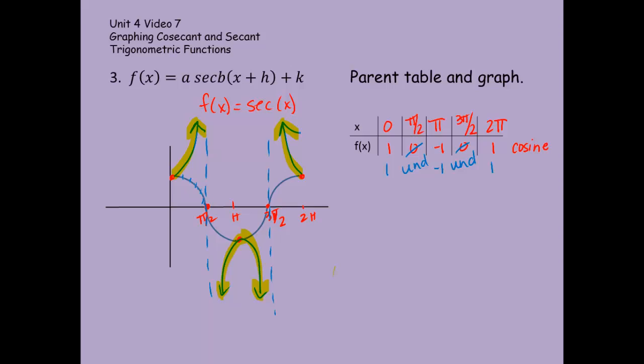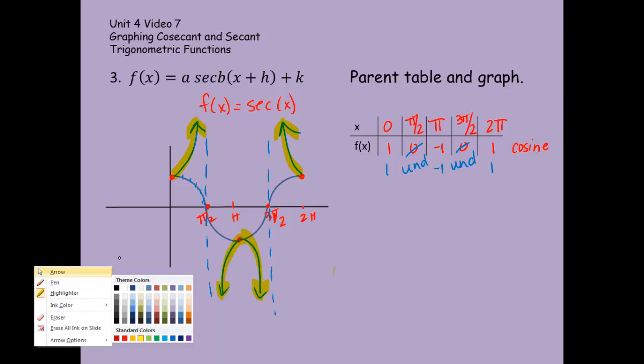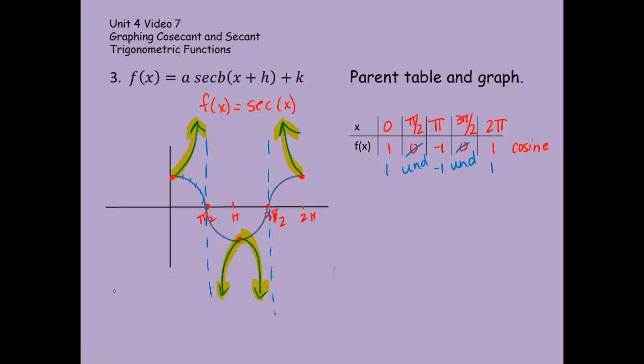Okay? The curve you see in between the secant curve is not necessary to graph, although it does give you some boundaries. If you choose to graph both the original function and the reciprocal function, you need to indicate which one. Or you need to make the cosine lighter. I'll say that again.